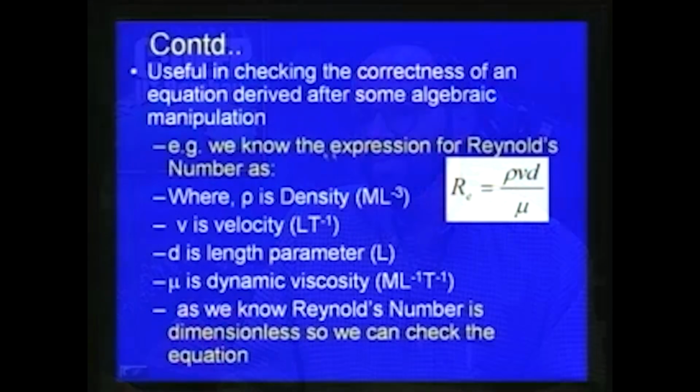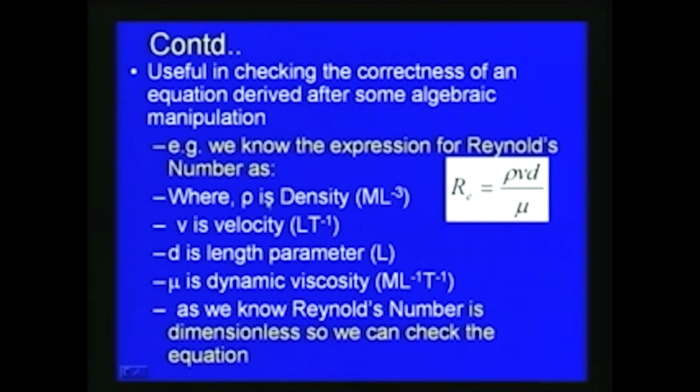For example, we know the expression for Reynolds number in pipes: Reynolds number is equal to rho v d by mu, where rho is the mass density of the fluid, v is the average velocity, d is the diameter of the pipe, and mu is the coefficient of dynamic viscosity.